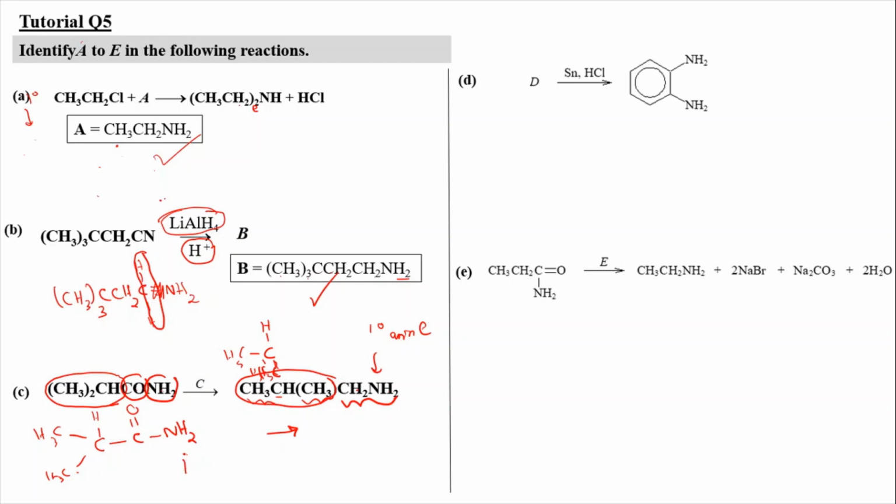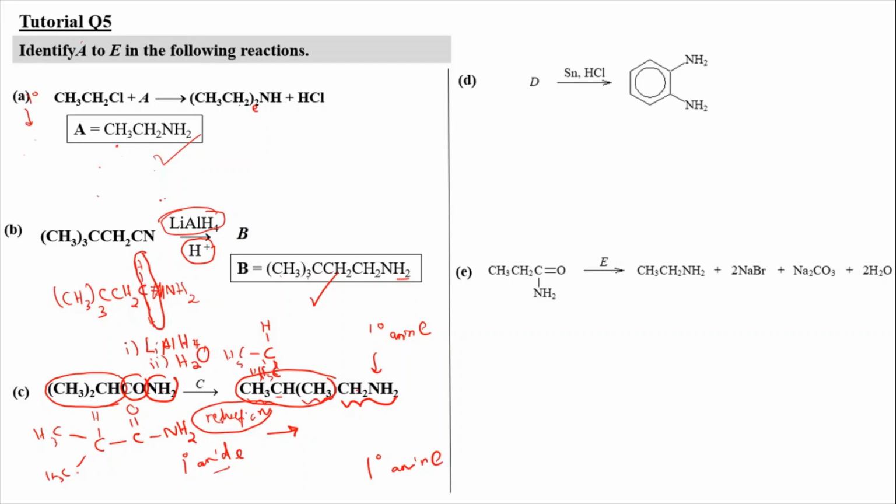So from the primary amide, it's going to produce a primary amine, so it will undergo reduction. For the reduction of amide, we have to use lithium aluminium tetrahydride or lithium aluminum hydride. And then number 2, we need to write hydrolysis, which is H2O.